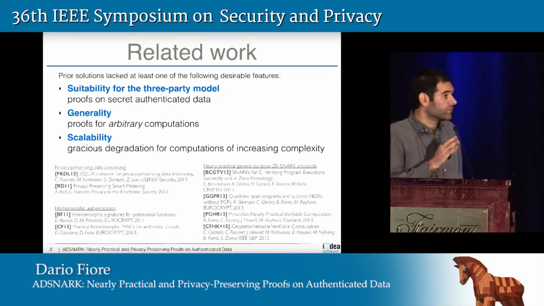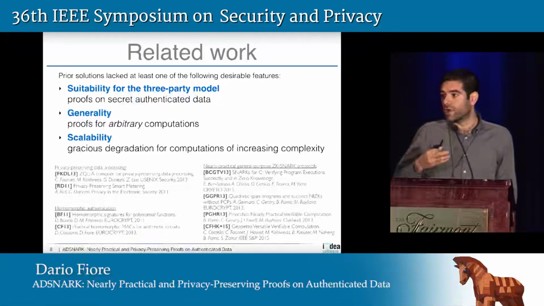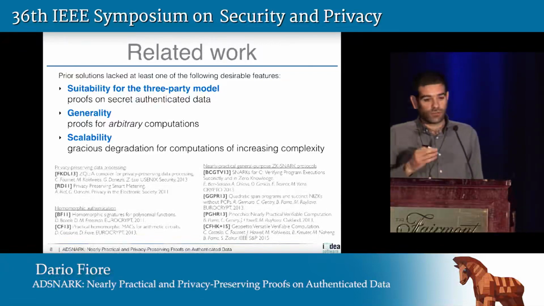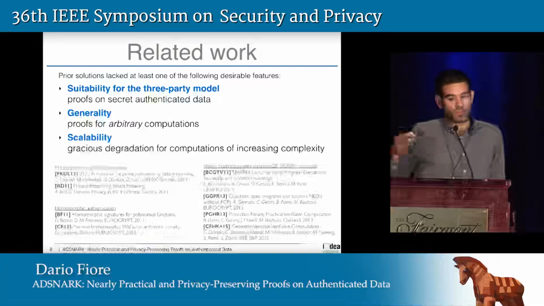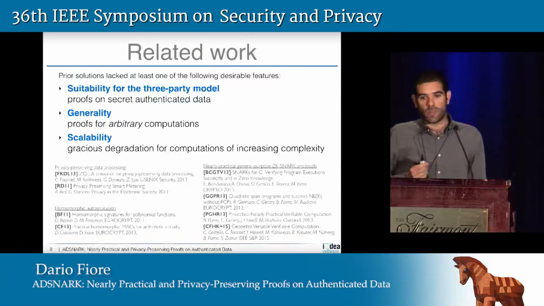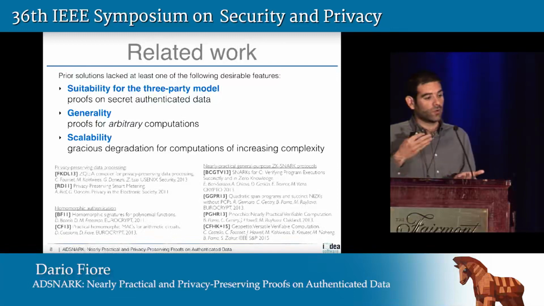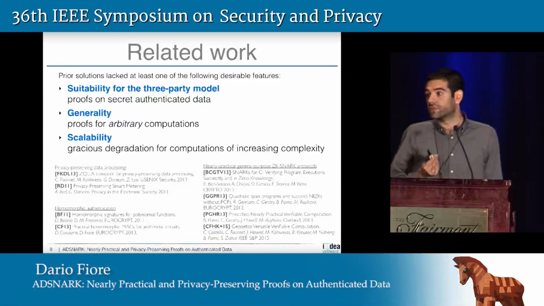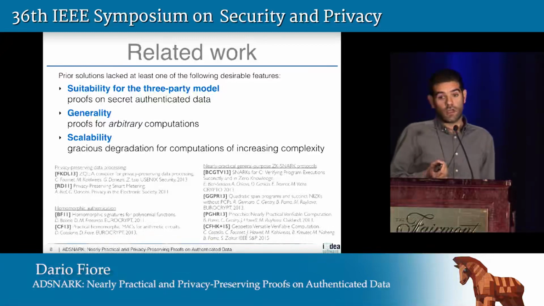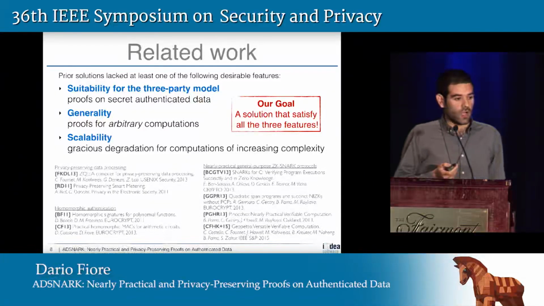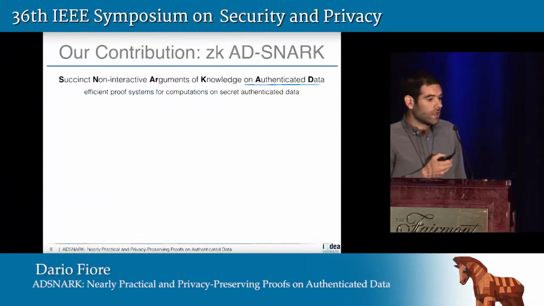And the observation here is that, unfortunately, none of the solutions were achieving all three properties together. To give you an example, if you take one of the very efficient non-interactive zero-knowledge proofs, they are general and scalable, but as soon as you want to deal with proofs on authenticated data, they might not scale so well. So the goal of this work is to provide a solution that can satisfy all three features together.